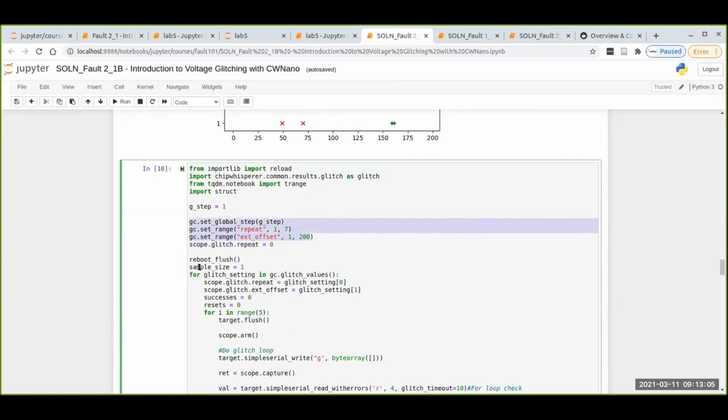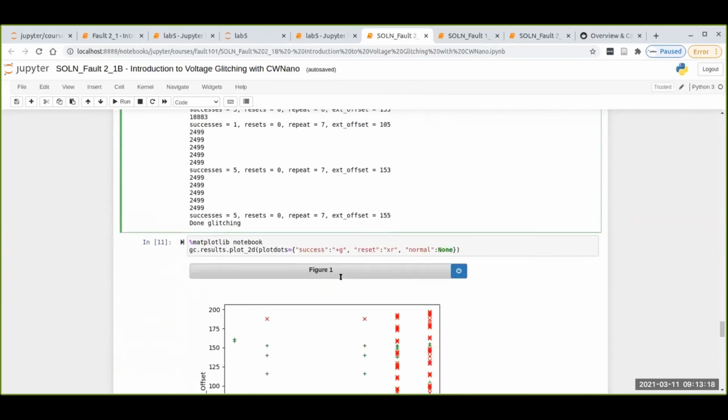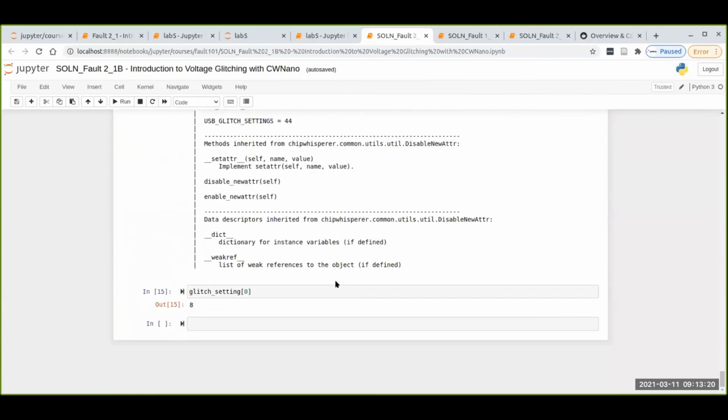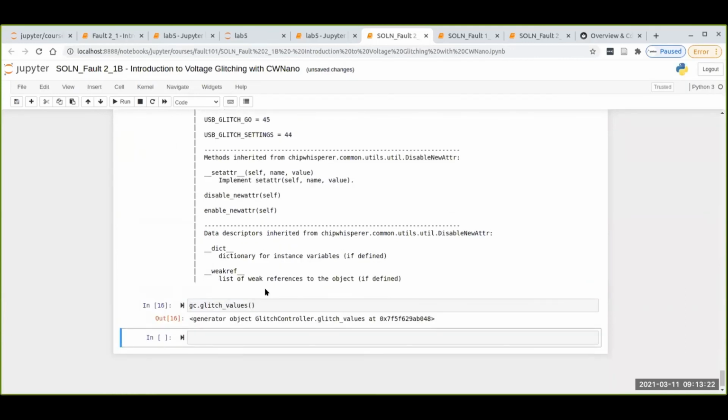And then we have this for loop that actually iterates for gc.glitch values. So this would be actually something interesting to actually look at, what this looks like. My guess is going to be a set of arrays, but can't see it.